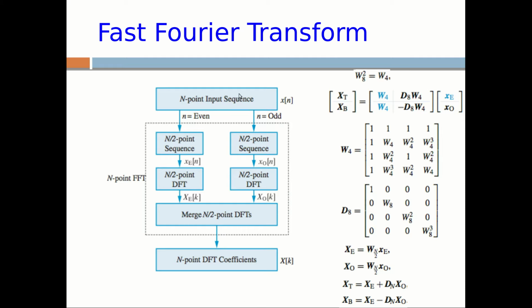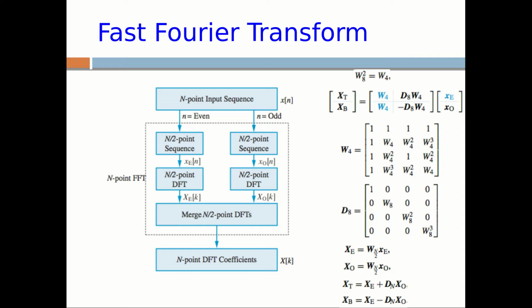So now let's see the basic idea of FFT. Given an N-point input sequence, we would divide it into two N/2 point sequences, compute their DFTs and merge them to get the N-point DFT coefficients. So we would keep splitting from the given N until we reach a point where we can't split further, that is, we reach 1-point DFTs.